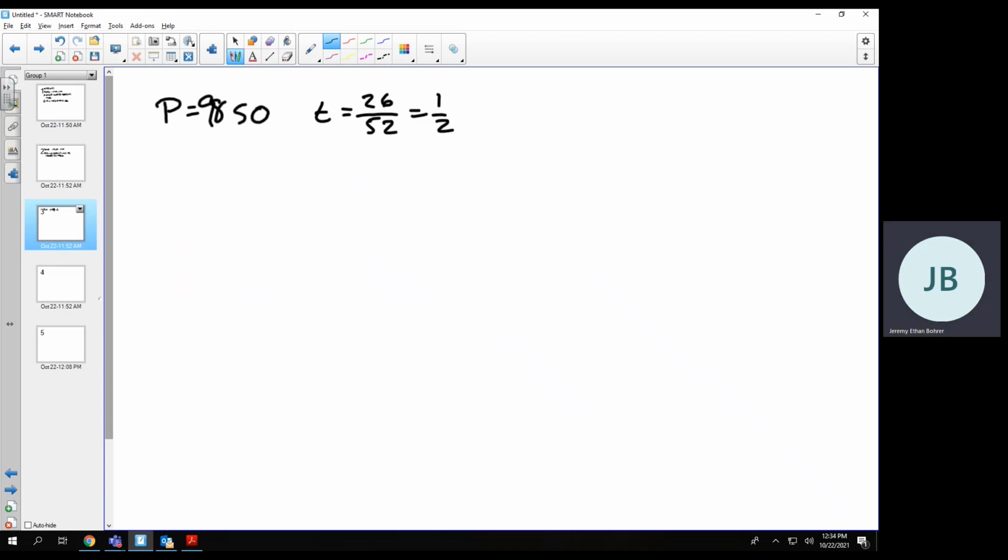And we don't have the rate, that's what we're looking for, but we are given the total amount. The total amount is $10,000. So we plug this back into our accumulated amount equation. 10,000 equals 9,850 times 1 plus r times 1/2, or 1 plus 1/2 r.